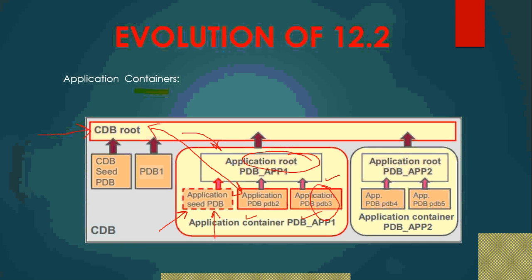So with an application feed, which is dedicated to a particular application group, the application feed is different and the CDB feed PDB is different. They are two different things. The application feed PDB is associated with the application root where you are running, and it supports synchronization of the application code in the application feed.